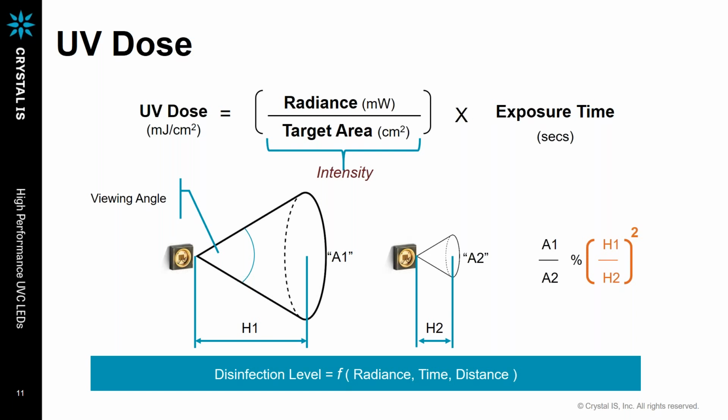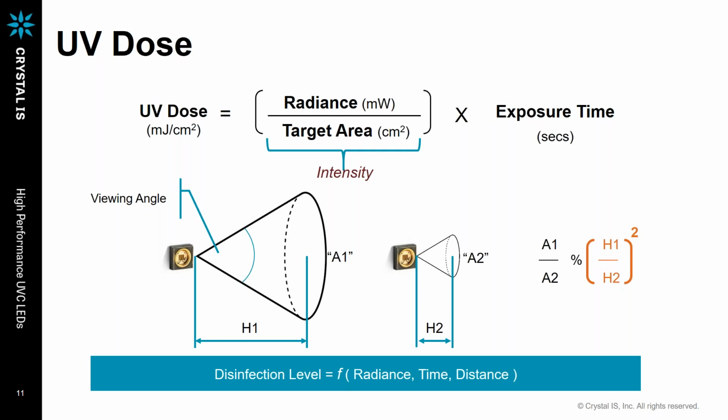The bottom pictures you see basically talk about the viewing angle. What it's showing is that if you are far away from the LEDs, which is shown as H1, you actually can cover a much larger area. But with that larger area, the intensity is going to be much lower based on the formula on the top.